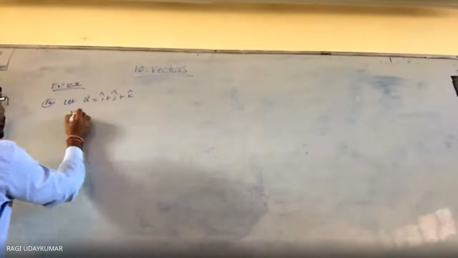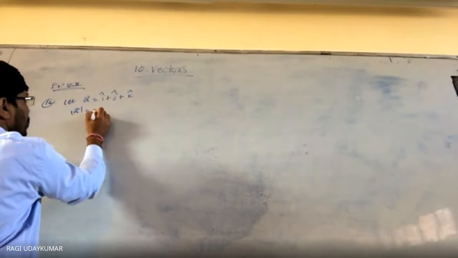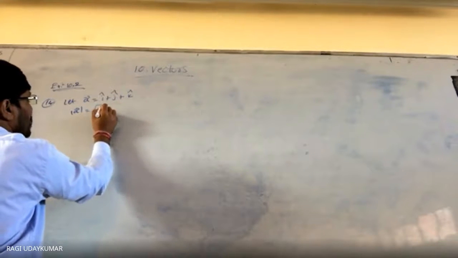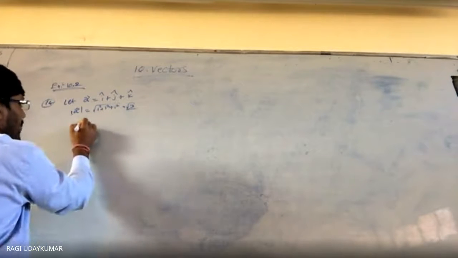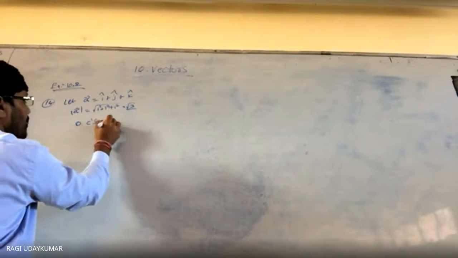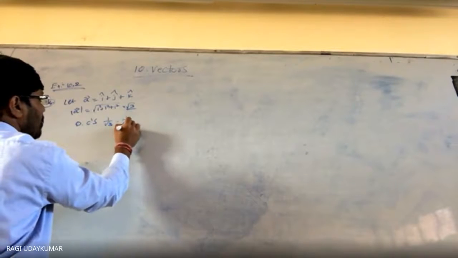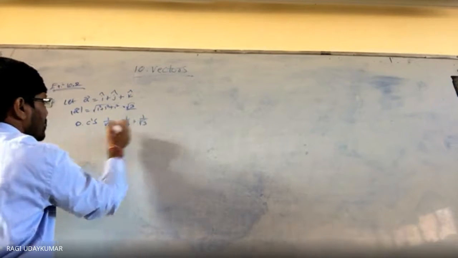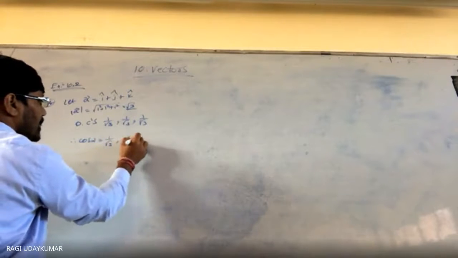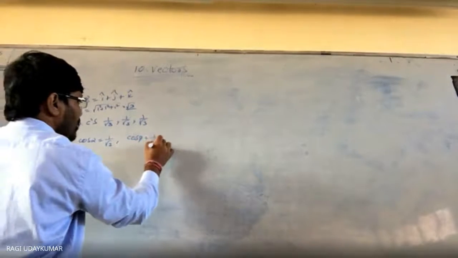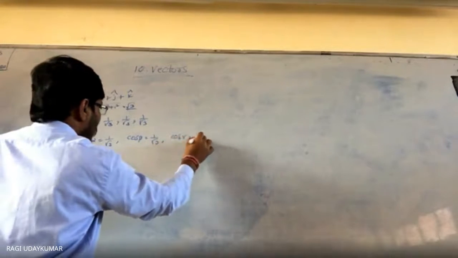What are the direction cosines? Magnitude of a bar is equals to under root of 1 square plus 1 square plus 1 square, which is equals to root 3. Therefore the direction cosines are 1 by root 3, 1 by root 3, 1 by root 3. So cos alpha is equals to 1 by root 3, cos beta is equals to 1 by root 3, cos gamma is equals to 1 by root 3.